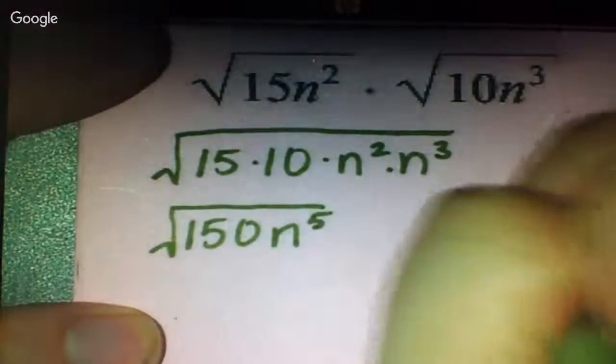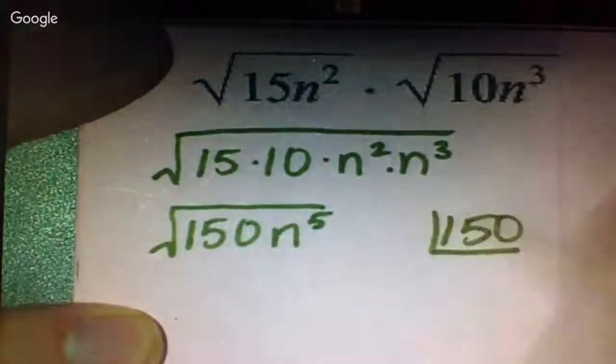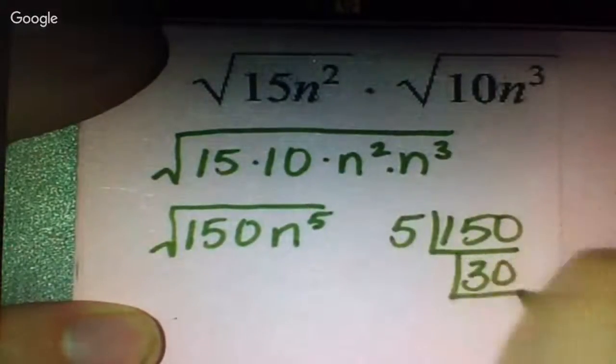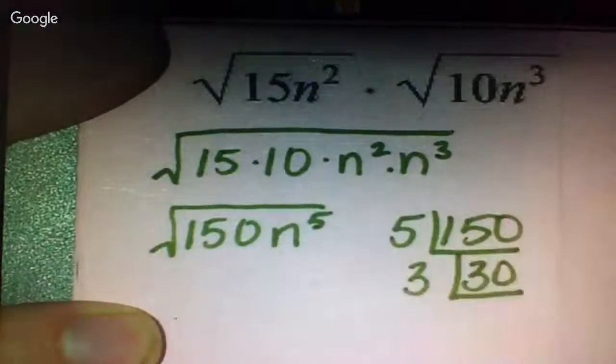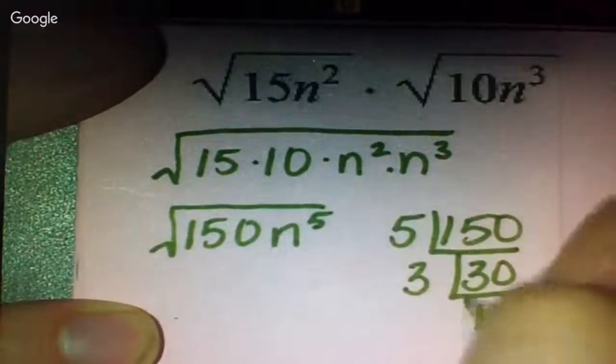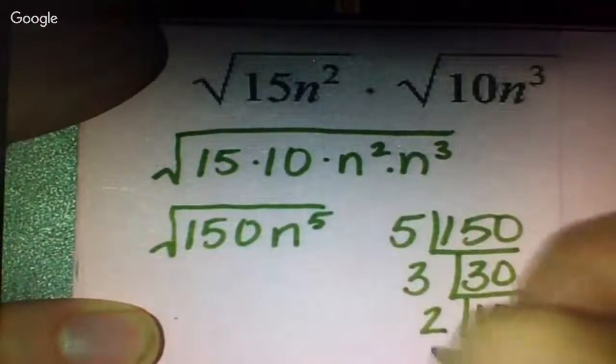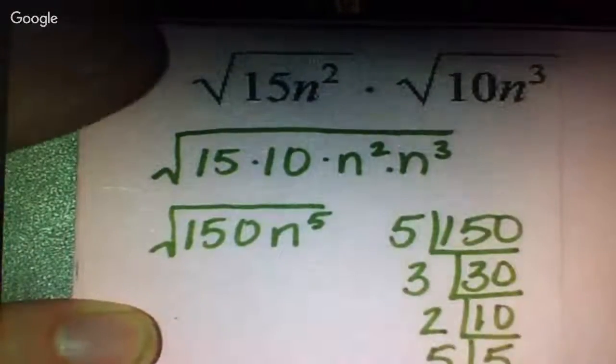So 150, 5 and 30. 3 and 10. 2 and 5. 5 and 1.